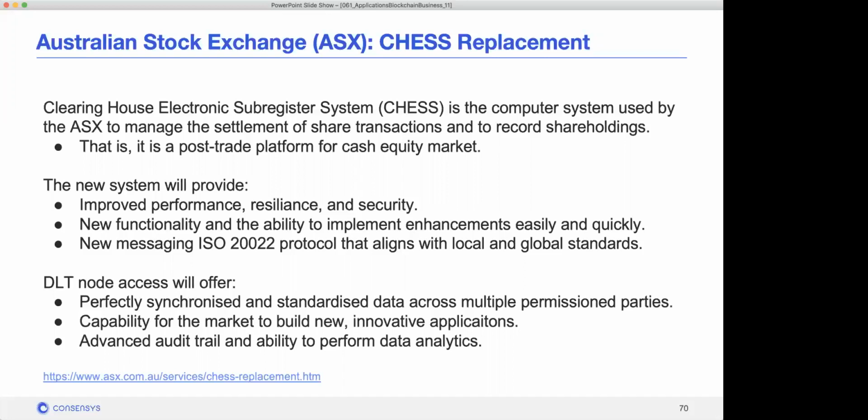The idea of going from the old computerized system to the new system is to improve performance, resilience, and security, add some functionality and be more standards compliant. It's going to allow more parties to collaborate better, have more up-to-date information, and have a better audit trail of what's going on.